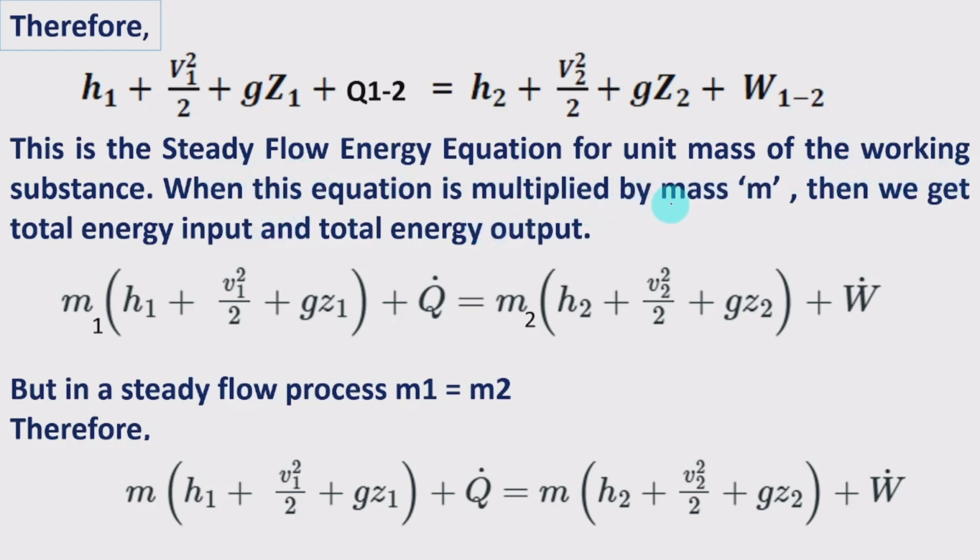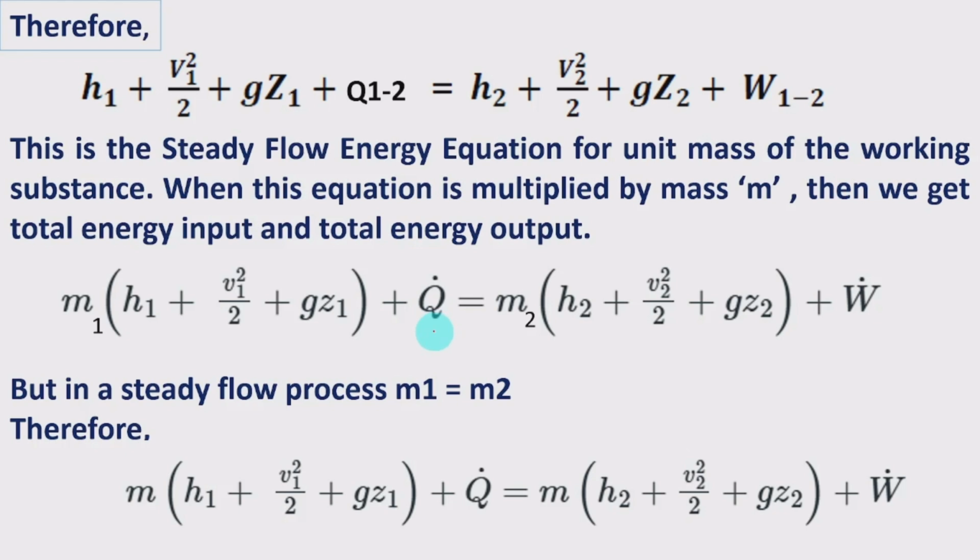This is the steady flow energy equation for unit mass of the working substance. When this equation is multiplied by the mass m, we get the total energy input and total energy output. Here we take m1 times h1 plus v1 square by 2 plus g z1. We multiply only this term by m1 because the heat energy we are going to take is the total amount of heat supplied, not per kg of the working substance.